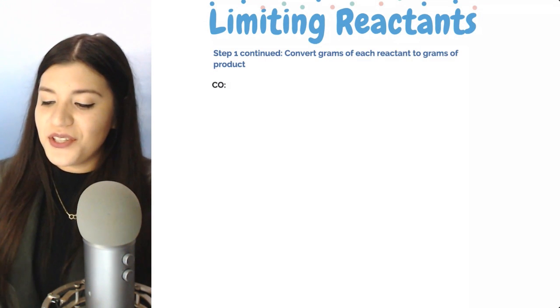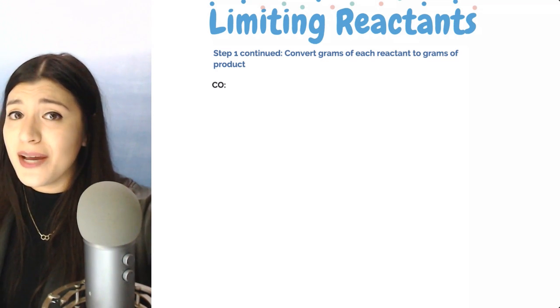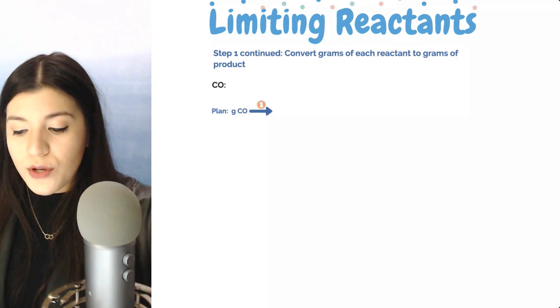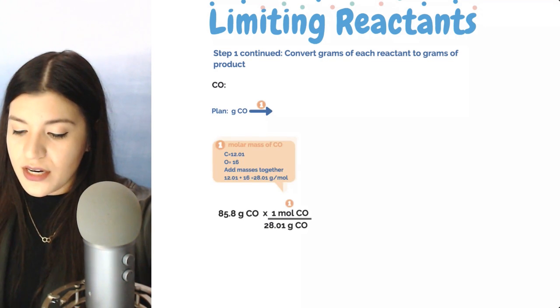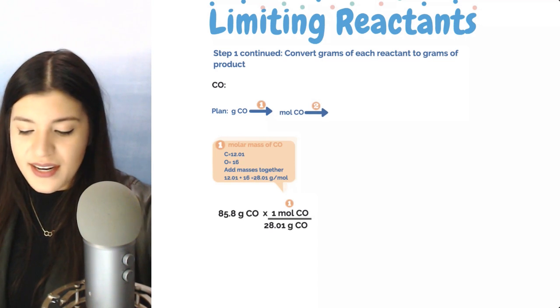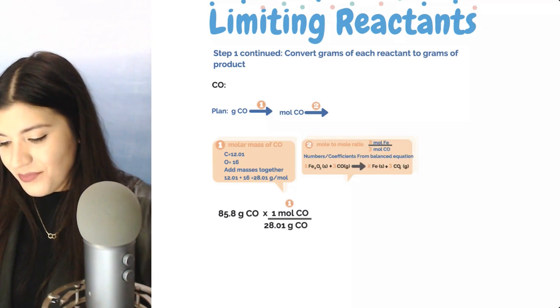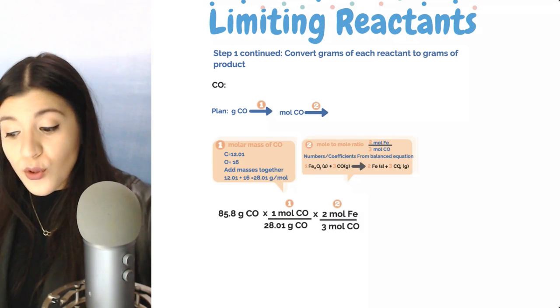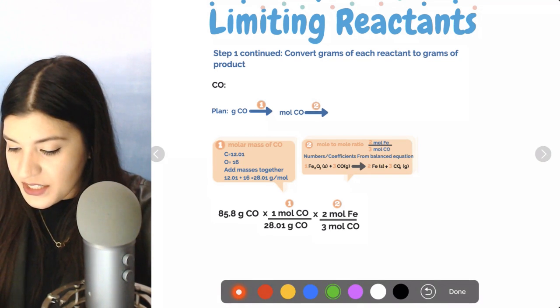Okay, so now we'll do everything going from grams of carbon monoxide to grams of iron. So we're going from grams of carbon monoxide, I'll start there, and we're going to go to moles of carbon monoxide. That's the same process, right? And then we'll use the molar mass of carbon monoxide. We'll use our mole to mole ratio from our balanced equation. And if you guys can see it, it's actually right here.